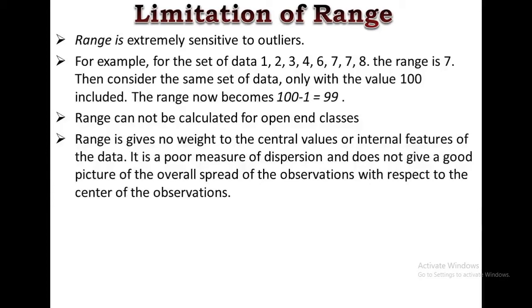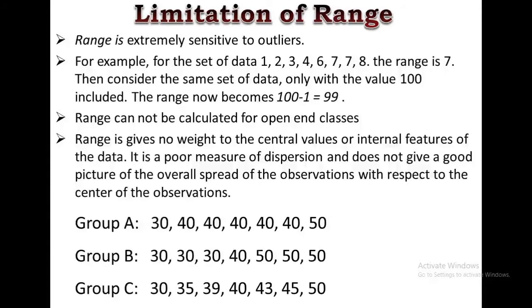Let us consider three groups of data which have the same range. In all three groups, the range is 50 minus 30, that is 20. In group A, there is a concentration of observations in the center. In group B, the observations are concentrated in the extreme corners.